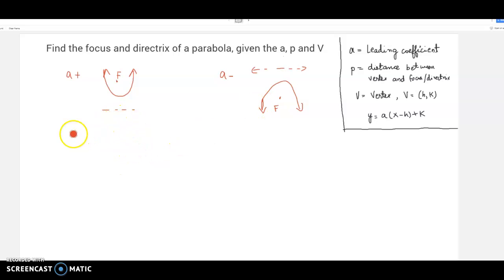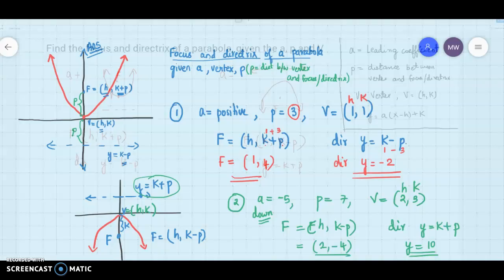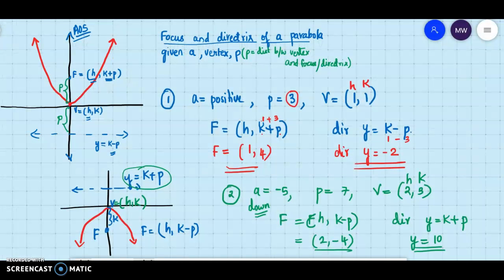Okay, so here the formula for the focus is h comma k plus p, because it is above the vertex. And the formula for the directrix is y equals k minus p, because it is below the vertex. And this will switch when a is negative. So you get h, k minus p and y equals k plus p. And I have done one example for each case over here.